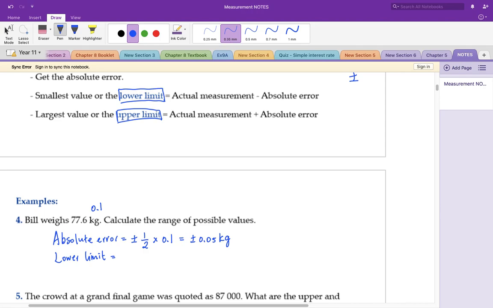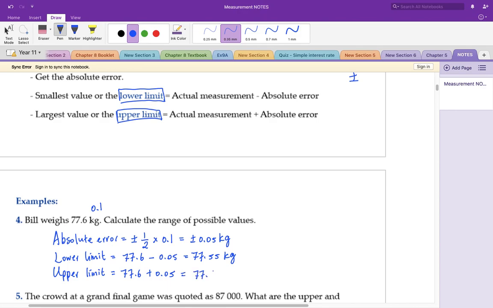Now it says to find the lower limit, you do the actual measurement, so 77.6 minus absolute error, 0.05. So this will give you 77.55 kilograms. And the upper limit is 77.6 plus 0.05.